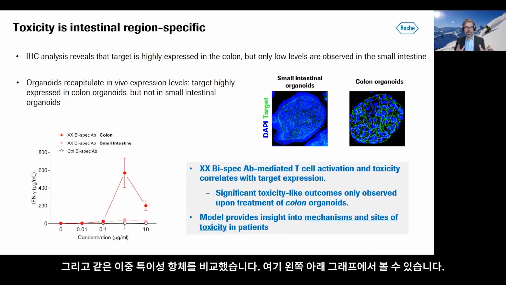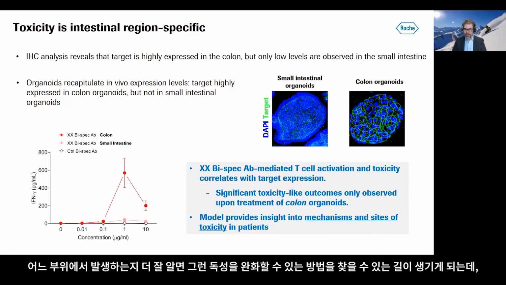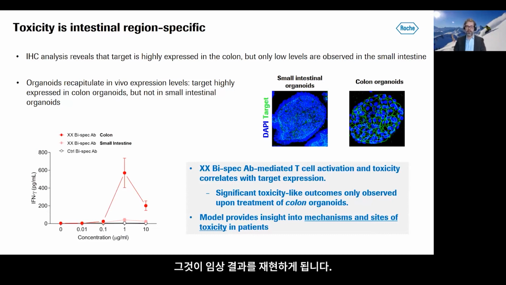And we compared the same specific bispecific antibody, and as you can see in the graph here on the lower left, again, we could recapitulate regional specific toxicity. Again, opening up, of course, ways to mitigate such toxicities if you have a better idea where will it happen and you know that it recapitulates a clinical finding.